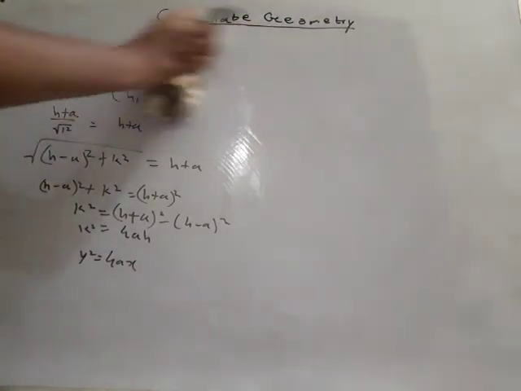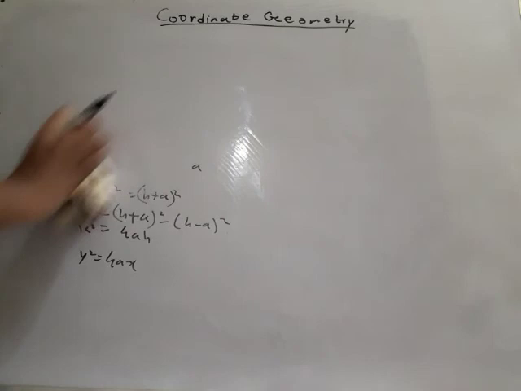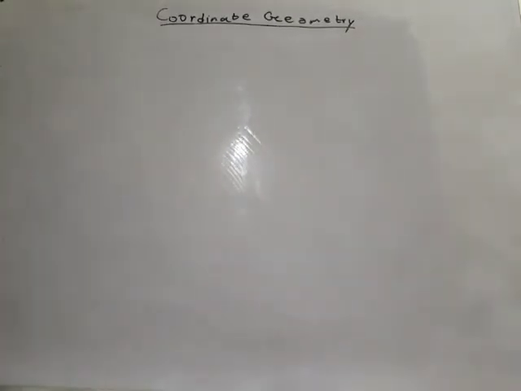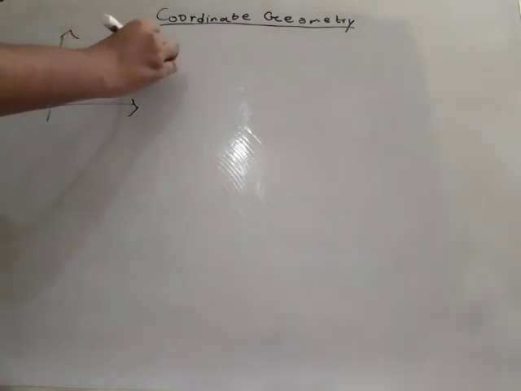I think all of you have understood. Now the last topic: shifting of origin, rotation of axes and polar coordinates. So what are polar coordinates? Let a point be P, x comma y.